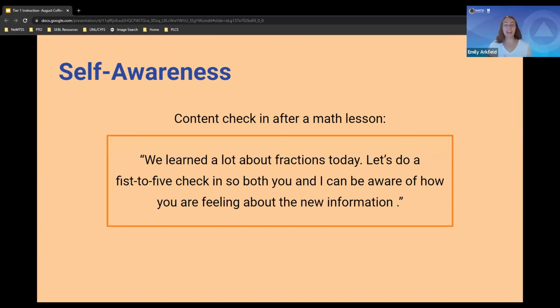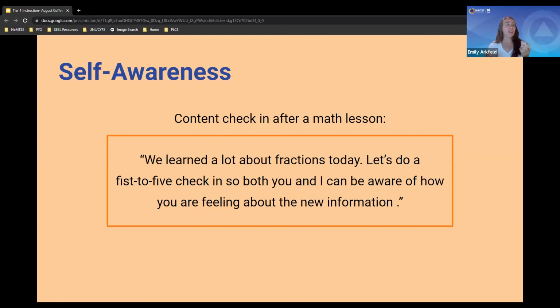Thanks, Jill. So we're going to break this down by competency and what this might sound like in your classrooms. And if you've been with us a while, you've probably seen our slide that has the plate and it says SEL is not one more thing on the plate, it is the plate.